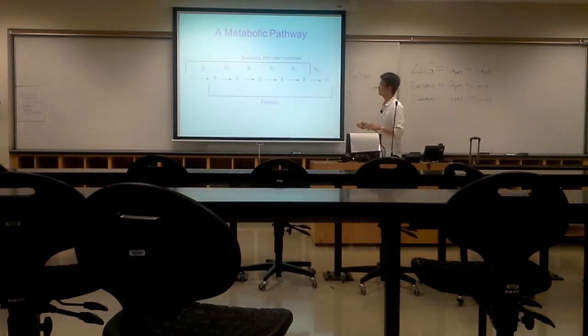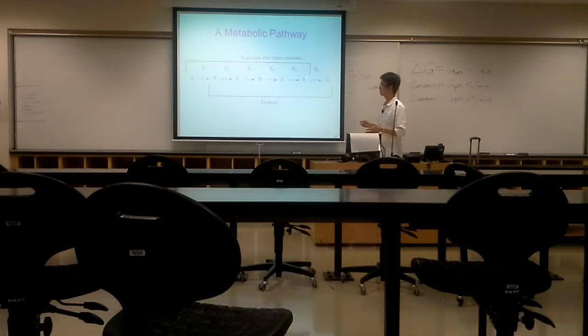So, usually in a metabolic pathway in our living cell, you have this long sequence of reactions. The product of a reaction is very likely to be the reactant of another reaction.